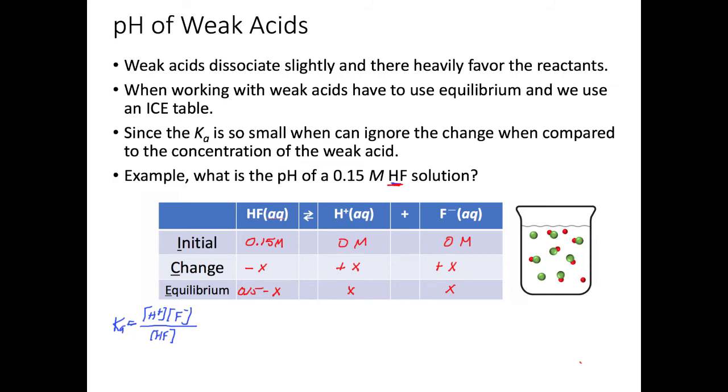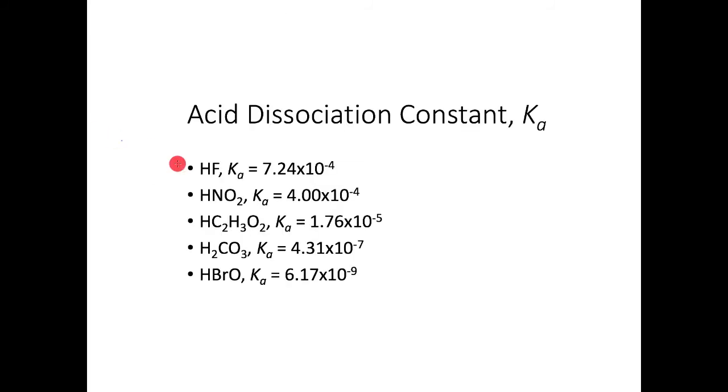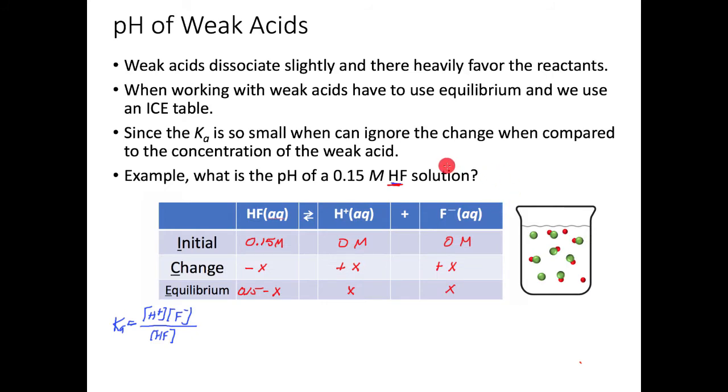We can look it up, or usually in the problems it'll be given to you. I just didn't put it in the problem. I'll go back to my table. My Ka is 7.24 times 10 to the minus 4. So Ka equals 7.24 times 10 to the minus 4. That's my Ka for this particular weak acid.